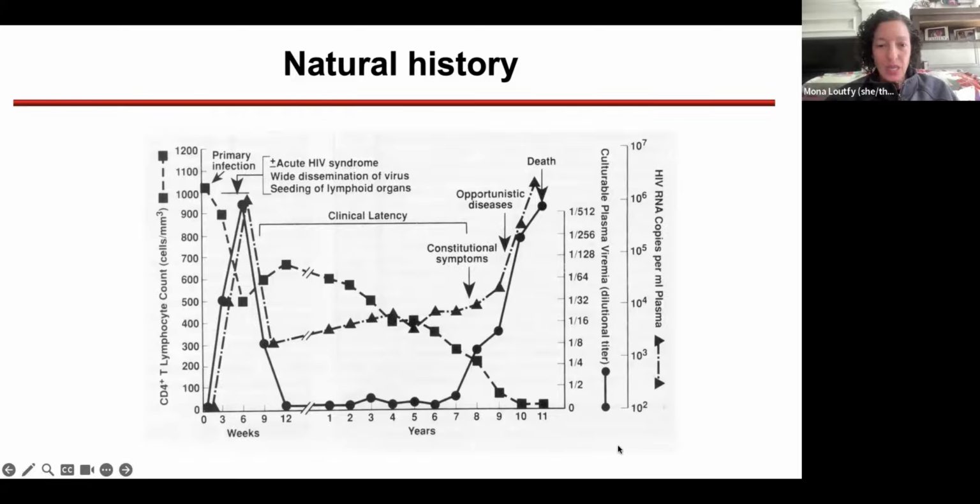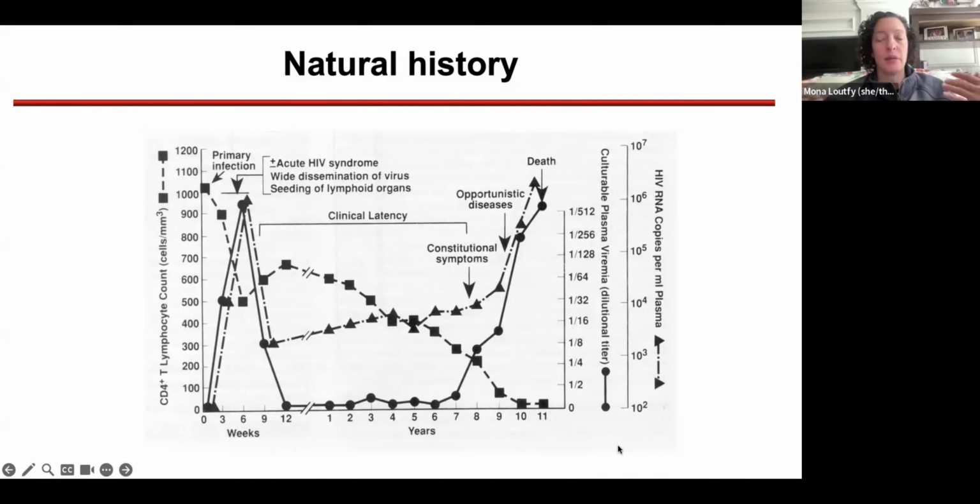Do you see that? It's kind of like a hatched line with the triangles. And actually, the line with the circles is also the same. They're both pretty much the same. It's culturable plasma viremia or the HIV RNA copies, which is the viral load.